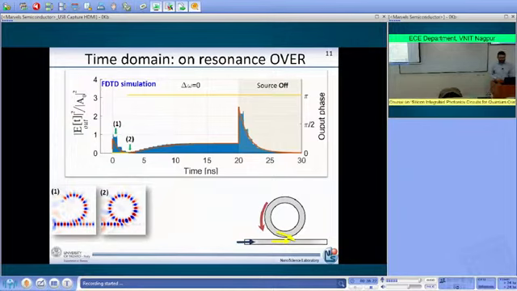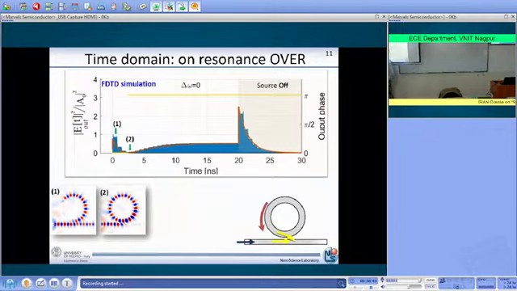For this calculation, we are assuming an overcoupling condition, which means that we are coupling more light inside the microring resonator than the light we are losing from the microring resonator.